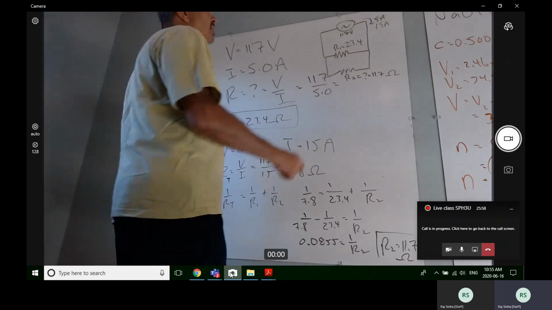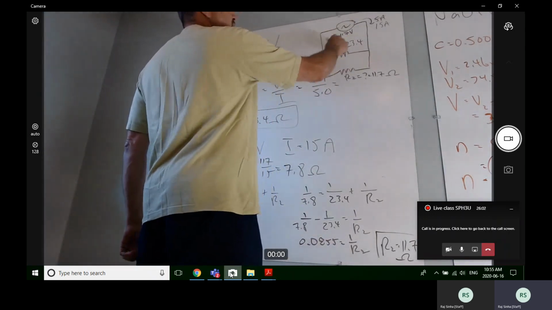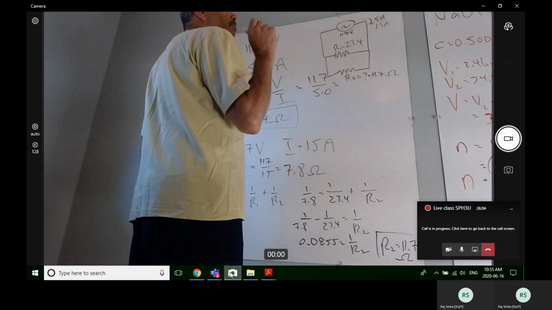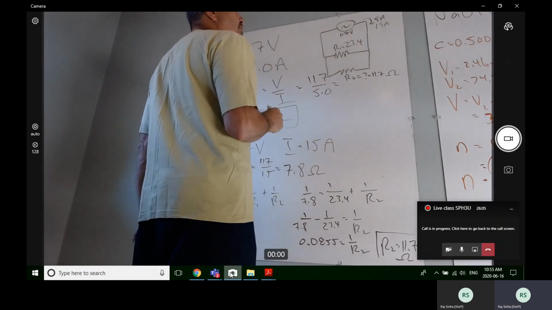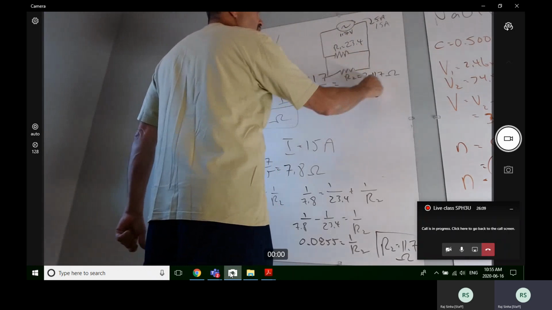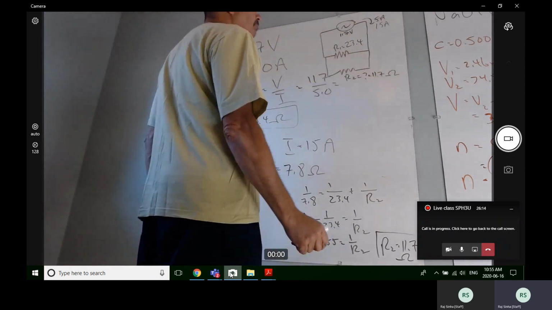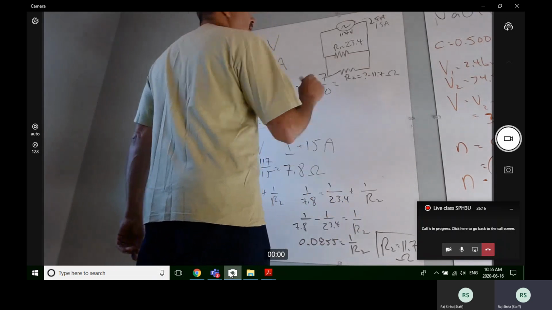Well, it turns out that electrons that had to go through here had this much resistance, but they only had the one path originally. Now I've actually given them another option, even though the other option is 12 ohms.